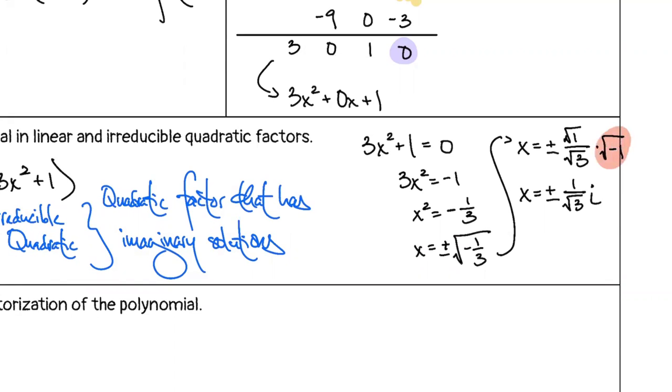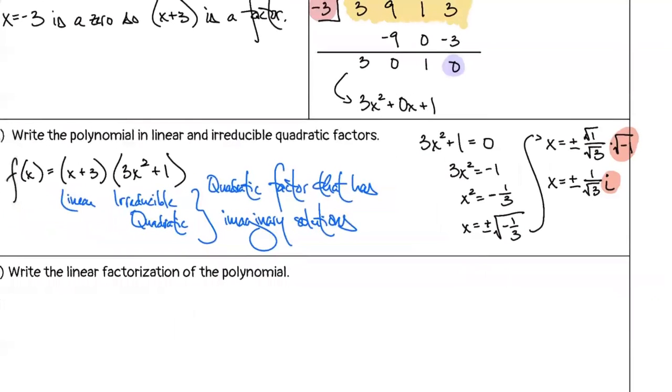The square root of -1, we don't write it like that. We write it like i. Okay. So when we solved for the zeros of 3x squared plus 1, we got imaginary things. And in fact, we got a positive imaginary and a negative imaginary. So we got two imaginaries.